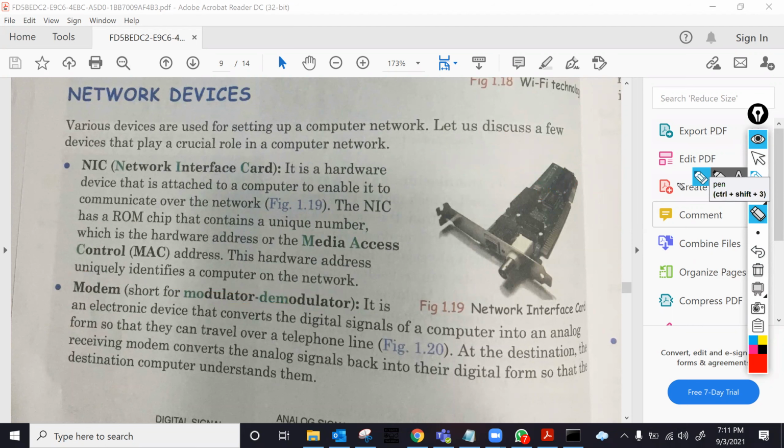So, this is the modem we used earlier, right? Why am I saying earlier?